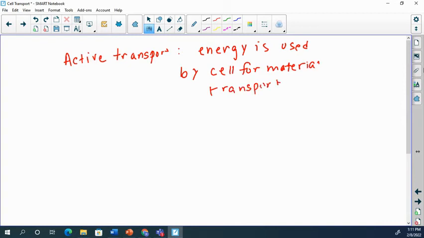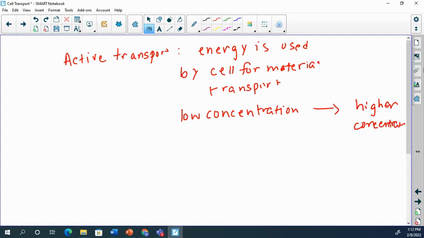And in this case, molecules move from an area of low concentration to higher concentration. Since the molecules are going to move from lower concentration to higher concentration, which is against the concentration gradient, a lot of energy is required for active transport.